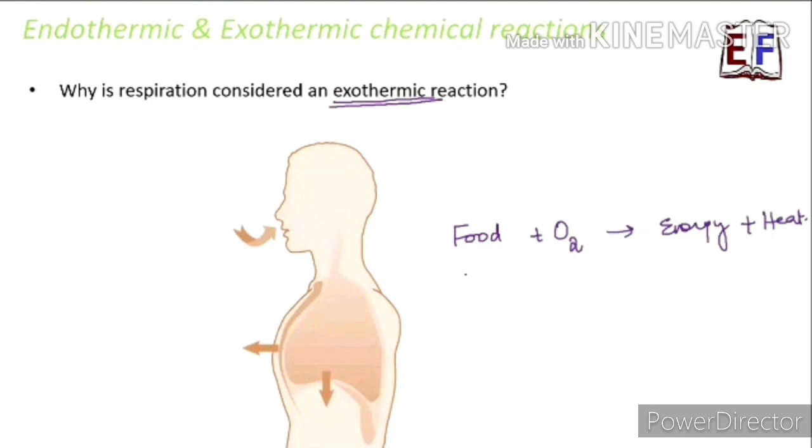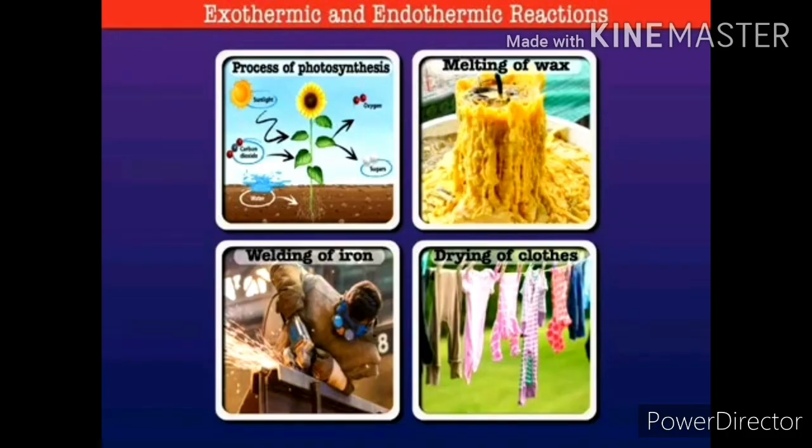So I hope you have understood the process of respiration. Respiration involves two processes: external respiration, that is breathing, and internal respiration, that is oxidation of food, because of which heat is released and energy is released. So this is an exothermic reaction.